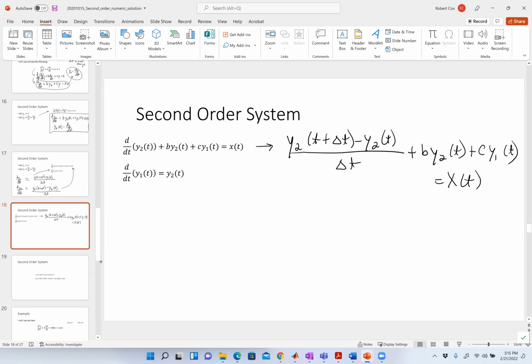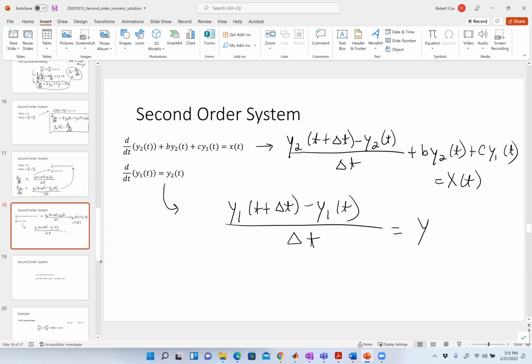That's the first equation, where I substituted in the definition of the derivative for y2. And then I do the same thing here. I say y1 of t plus delta t minus y1 of t all over delta t equals y2 of t. Like that. Now, a lot of math happening.